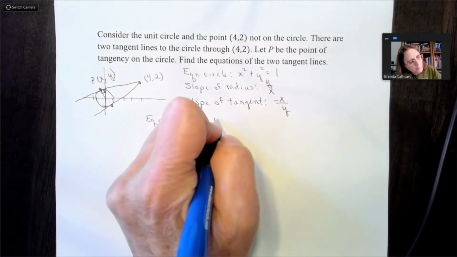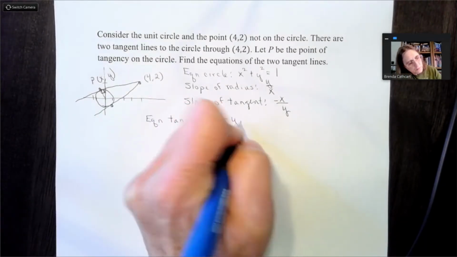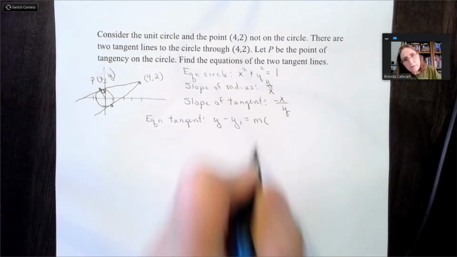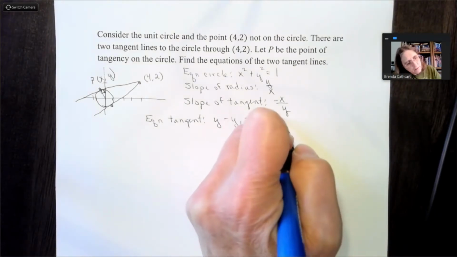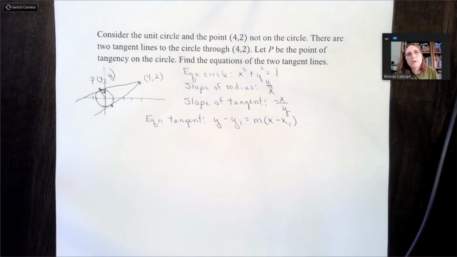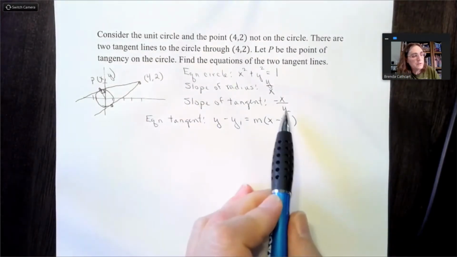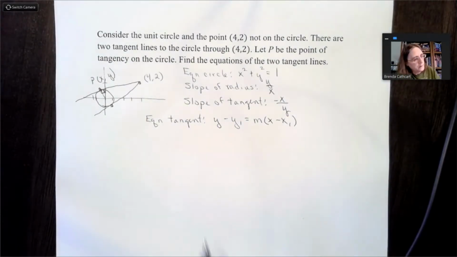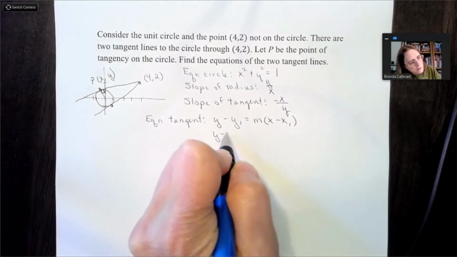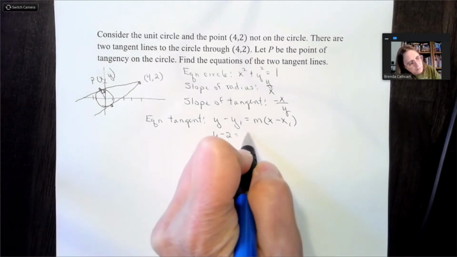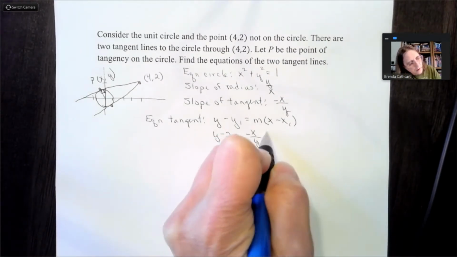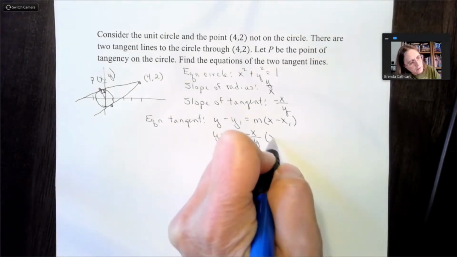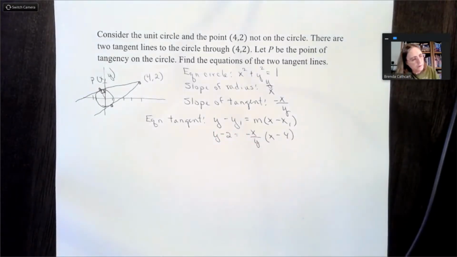So remember, our point slope form is y minus y1 equals m times the quantity x minus x1. So using those coordinates, the coordinates (4, 2), and the slope negative x over y, we get y minus 2 equals negative x over y times the quantity x minus 4.